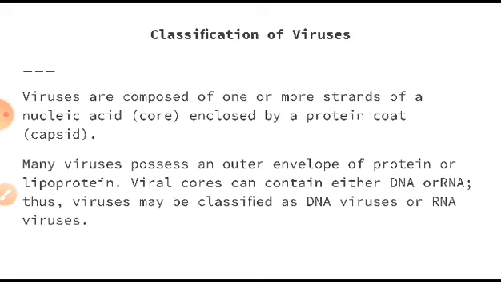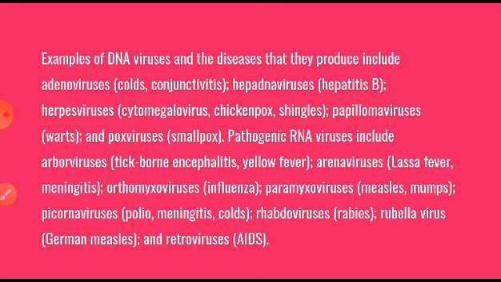So DNA viruses include adenoviruses, usually the cold virus, and conjunctivitis infections caused by adenoviruses. Hepadnaviruses cause hepatitis B. Herpes viruses, you know, cytomegalovirus, chickenpox, shingles, these are all caused by herpes viruses.